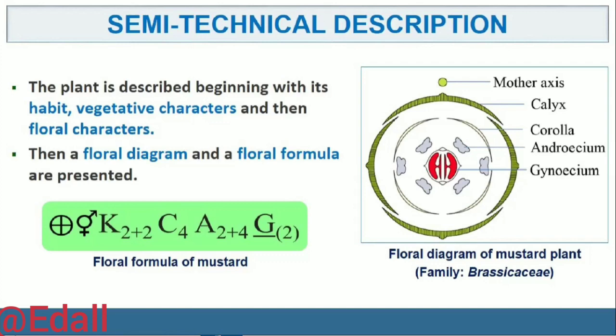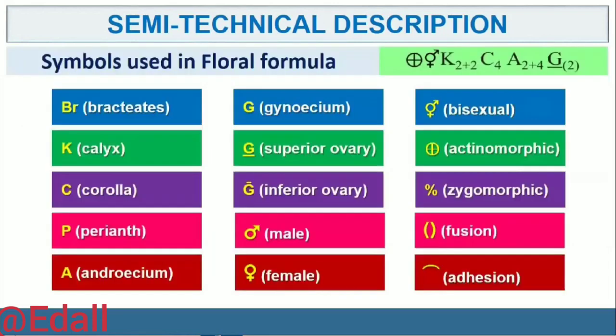The floral formula is represented by some symbols. In the floral formula, Br stands for bracteate, K stands for calyx, C for corolla, P for perianth, A for androecium and G for gynoecium, G with underline for superior ovary and G with line above for inferior ovary, male sign for male, female sign for female, bisexual sign for bisexual plants, circled plus sign for actinomorphic and percentage sign for zygomorphic nature of flower.